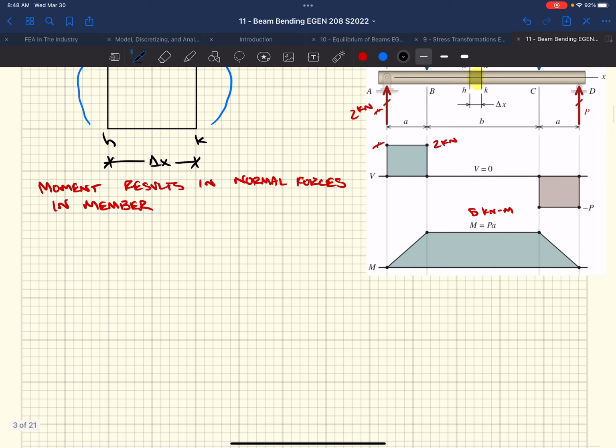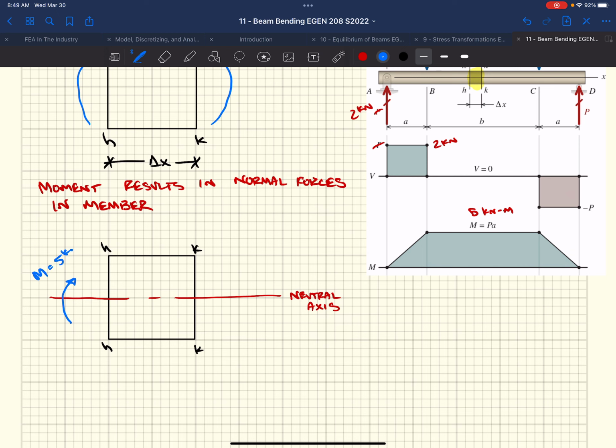So if we look at that again, we redraw this. Nice little square. We've got H, H, and K, K. As long as you have some sort of axis, we're going to call this the neutral axis. Okay. If we look at our positive moment, 5 kilonewton meters. As I mentioned, that moment results in normal forces, right?